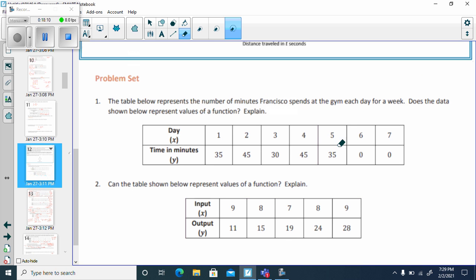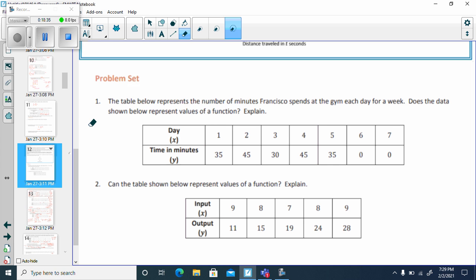First thing here says the table below represents the number of minutes Francisco spends at the gym each day for a week. Does the data shown below represent values of a function? Is this a function? Now remember, when we're deciding if it's a function, we look at our input values, our x's in this case. We see if anything's repeated on this line. 1, 2, 3, 4, 5, 6, 7. No, nothing's repeated.